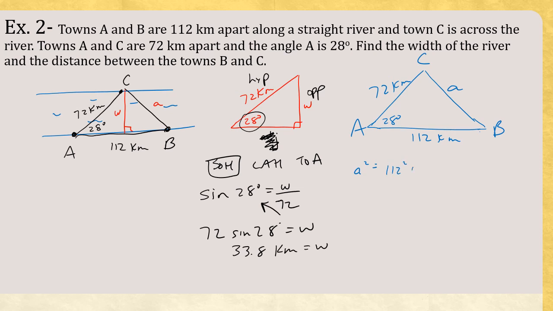So 112 squared plus 72 squared minus 2 times 112 times 72, and then cos 28. You can type that all in one step. So let's do that: 112 squared plus 72 squared minus 2 times 112 times 72 times cos 28.